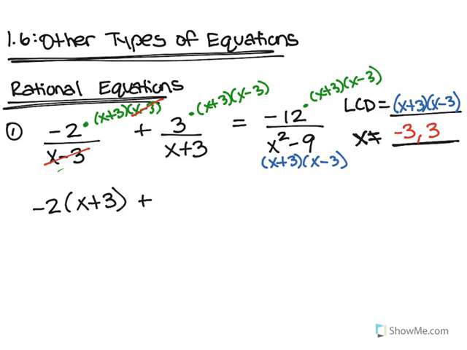Let's do plus. Now here, who cancels on the second term? The x plus 3, right? So we're going to multiply that whole number 3 by who? X minus 3. Good. Do y'all see that? Okay? Keep going.